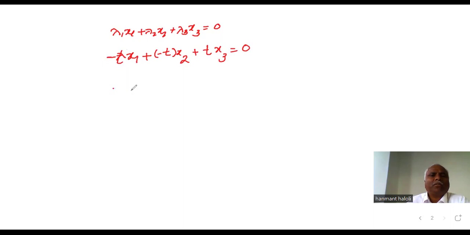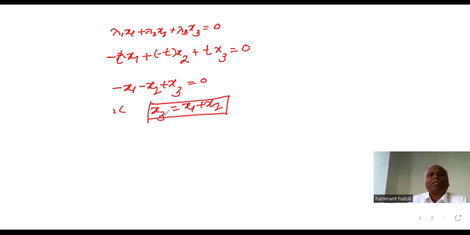Therefore, minus x1 minus x2 plus x3 equal to 0. This shows that x3 equal to x1 plus x2. Like that, you have to find relations between them.